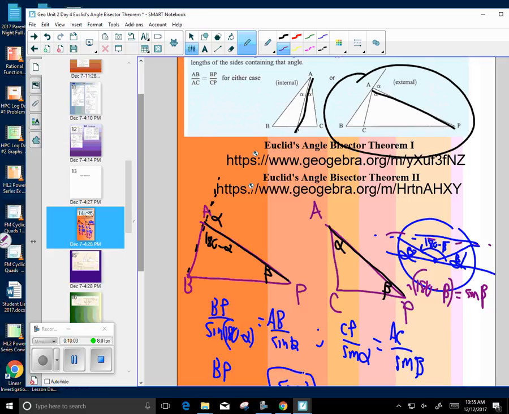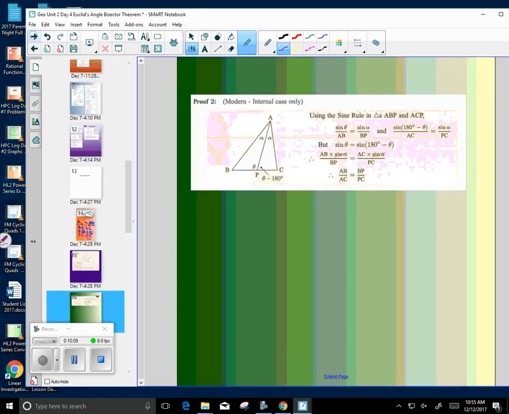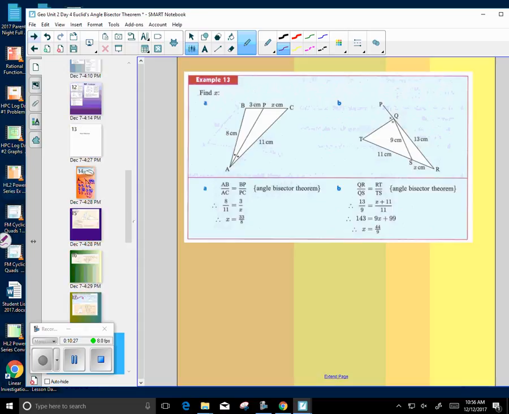So it's a little bit different, but it kind of works. The classic proof, you can look at that. I like that one too, but I like the law of sines a lot better. The converse is if you have this relationship, then you can prove that the angle bisects. They use the same thing that we just did, but in reverse. So there's no sense to prove that again.